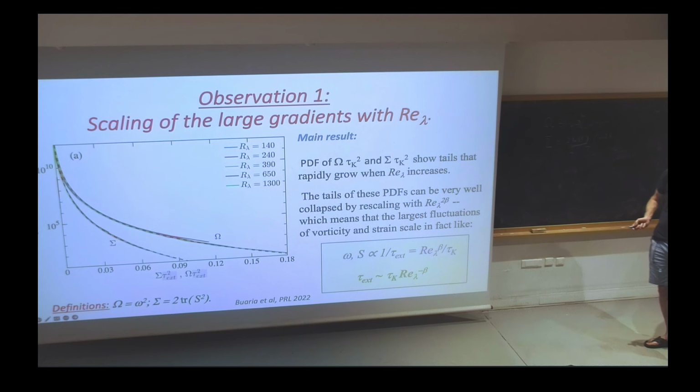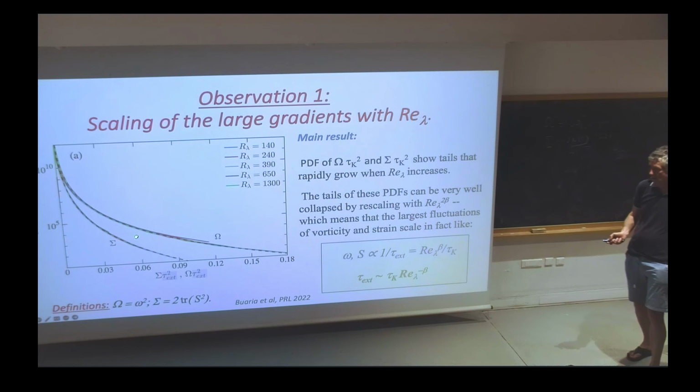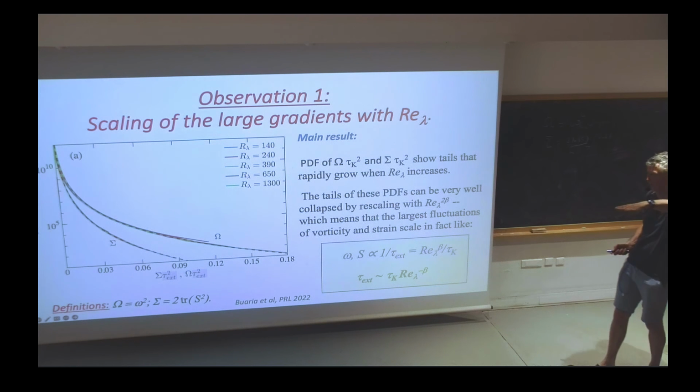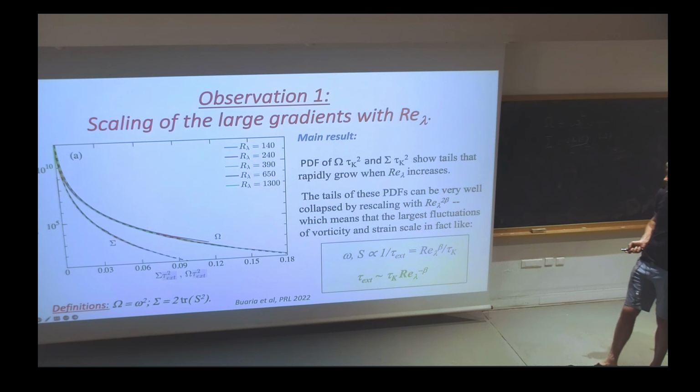So that's curve fitting, effectively. We take our data and try to superimpose it, and that's what you get. So the statement is that the PDFs extend further and further, and this is a way of capturing how they extend as Reynolds increases.